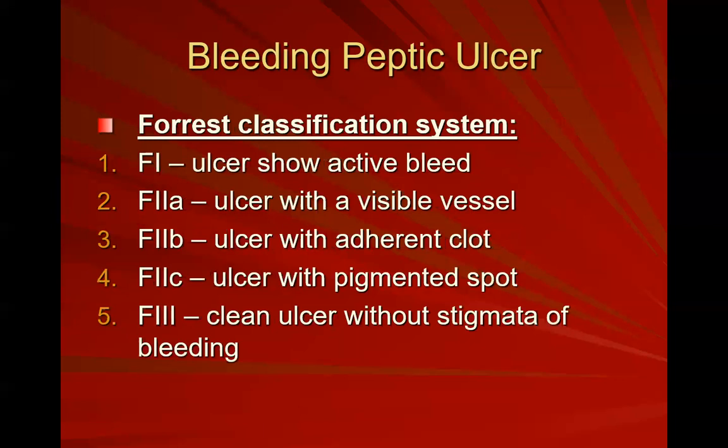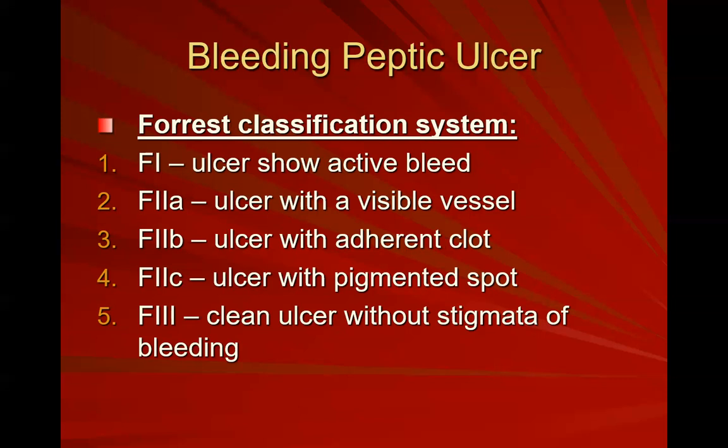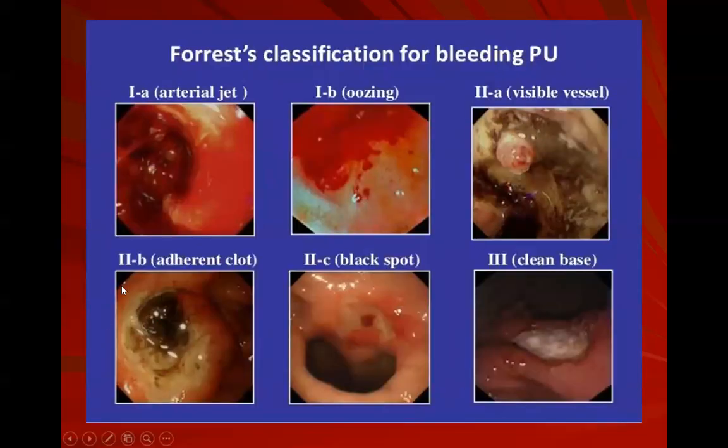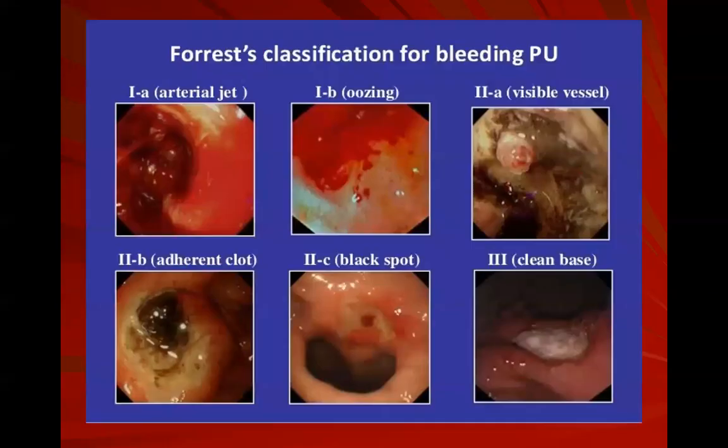So this is another classification of the appearance of the peptic ulcer on the endoscopy, and it takes into consideration this classification. However, it's from the worse into the better. Okay, so they start with the active bleeding, and they end up with the clean muscle base. So these are the images of this classification, which is called the Forest classification.